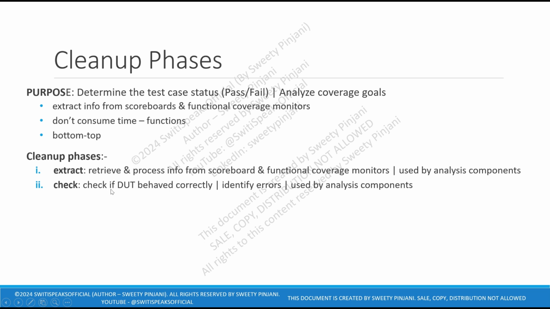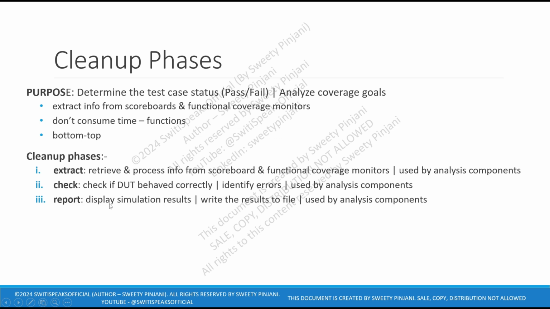For example, whether the DUT has behaved correctly. If the DUT has behaved correctly, then it is pass. If it has not behaved correctly, it is fail. So after extracting the information, I need to check. Check happens in the check phase, whether DUT behaved correctly, whether there were some errors.